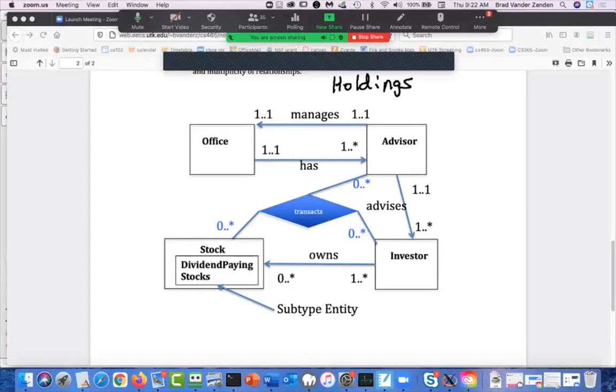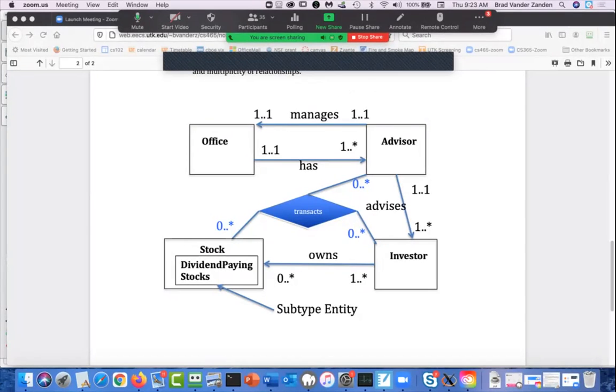In fact, before I get to the multiplicity, I think it will help if I pull back and do a couple other things. First of all, notice here I did say that dividend paying stocks are a sub-entity of stock.